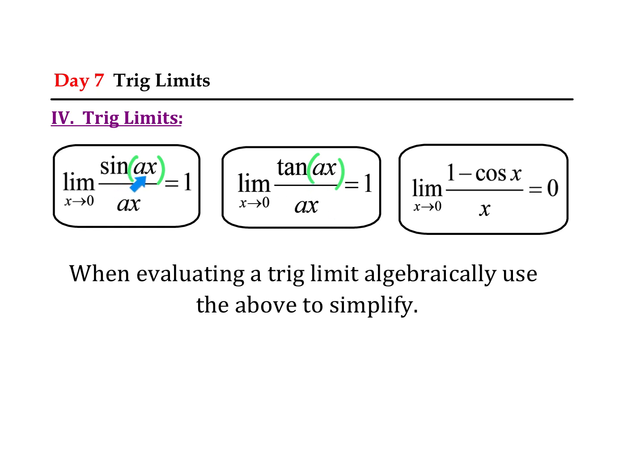That is the argument. It's not sine times ax. It is sine of a times x. But within all of these, what we're seeing is that if the coefficient on that argument for x matches the coefficient on x in the denominator, we get a scenario in which this whole thing approaches 1. Same exact thing goes for the tangent.